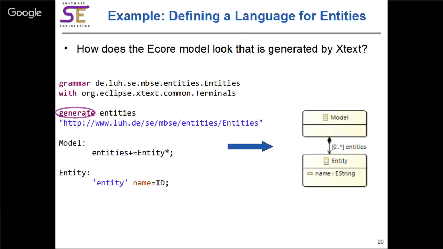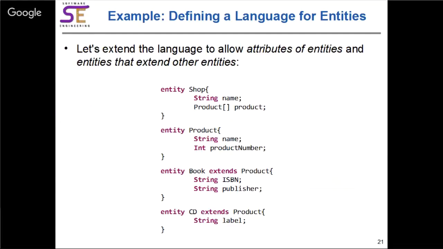So now that's, of course, a very simple language. It only allows you to create a model with a list of entities. So what do we need in addition here? What it allows us to write so far is just entity shop, entity product, entity book, entity CD, but now we see more things. Every entity has something enclosed in curly brackets.